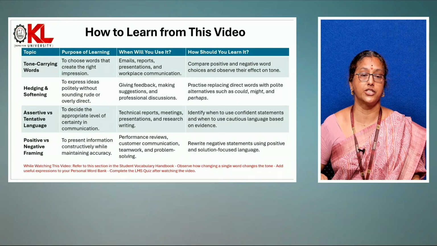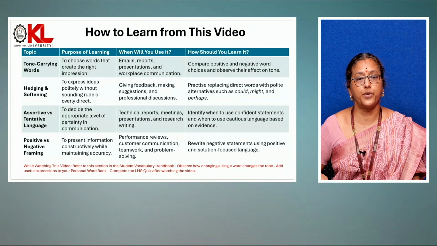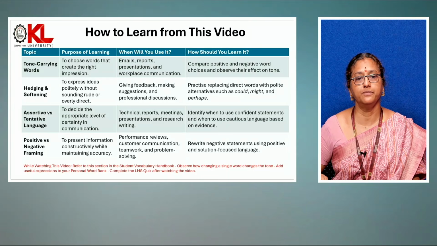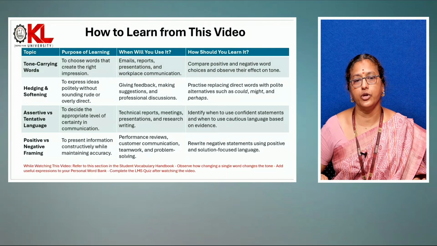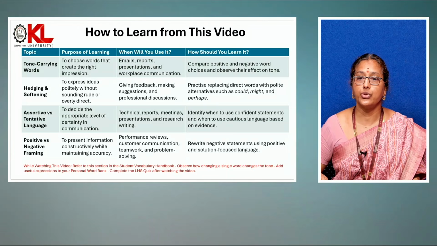Positive versus negative framing. To present information constructively while maintaining accuracy. Performance reviews, customer communication, teamwork, and problem solving. So, how should you learn it? Rewrite negative sentences using positive solution focused language.